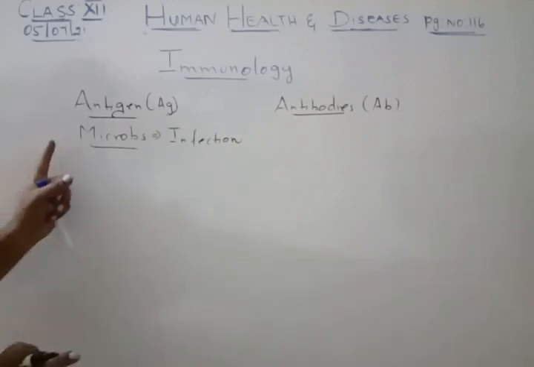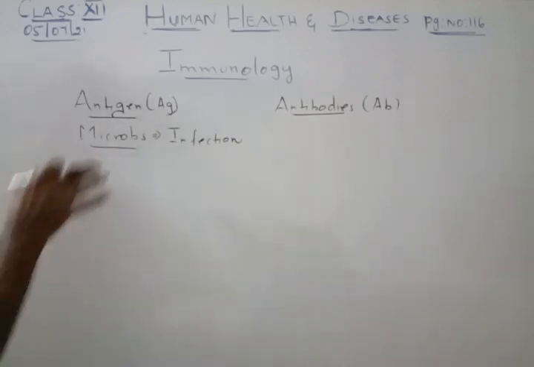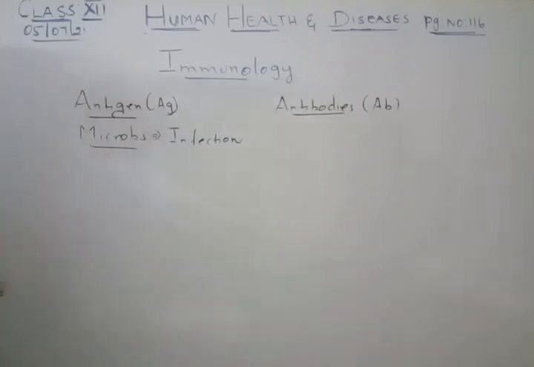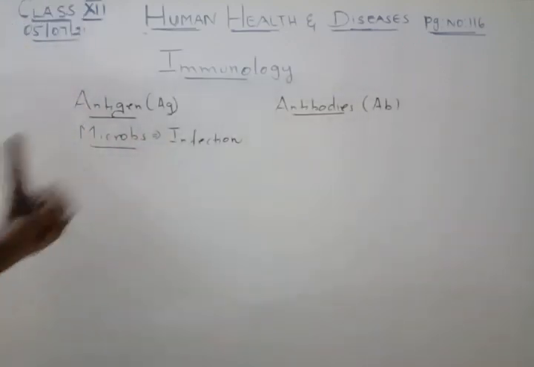So this antigen is called a non-self antigen. It is otherwise called a microbe, with the potential of causing infection in humans. It enters the cells of the human body and affects the cells, causing infection and leading to a disease.